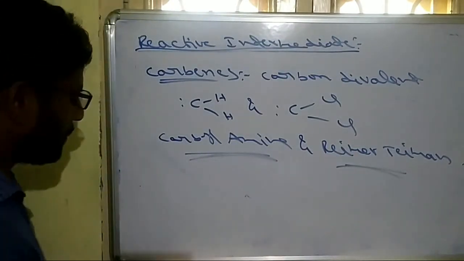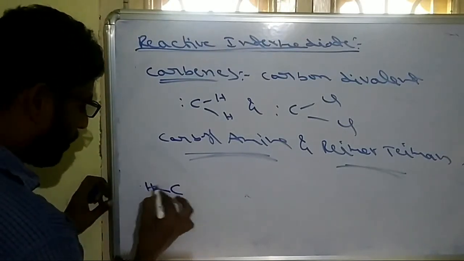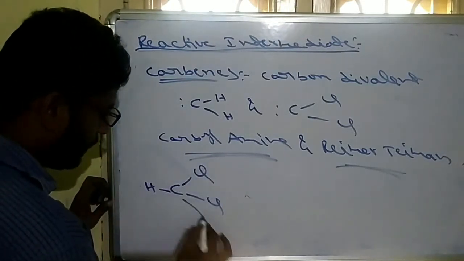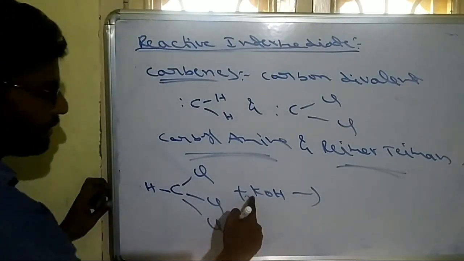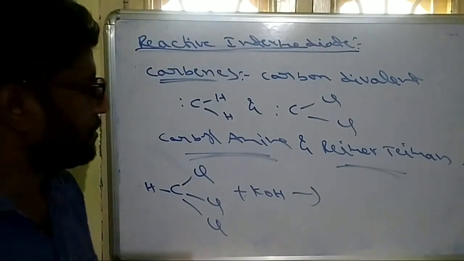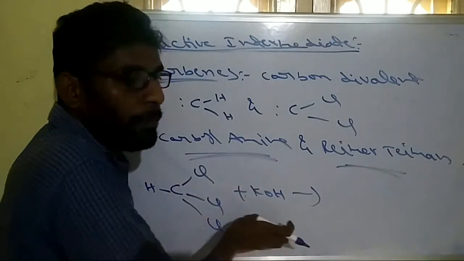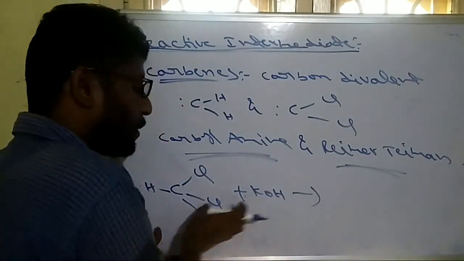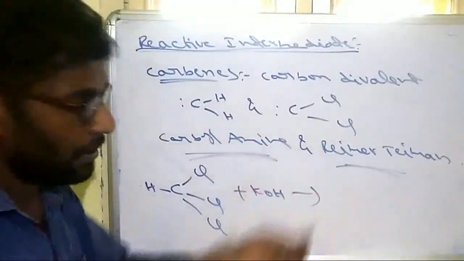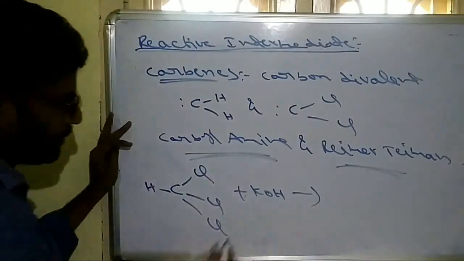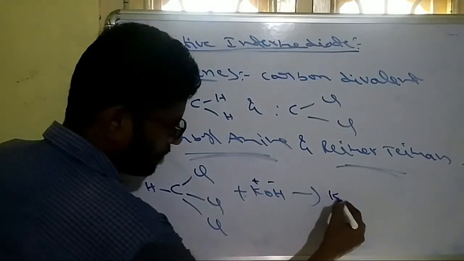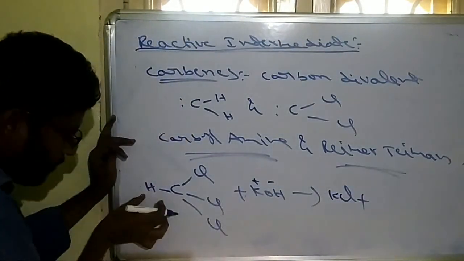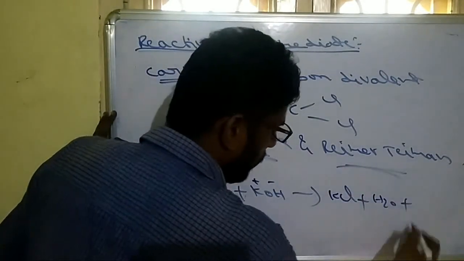So how is a carbene formed? It is mostly formed from chloroform and a base. Wherever chloroform and base are there, there is a possibility of a carbene. The carbylamine reaction also uses chloroform and base, and the Reimer-Tiemann reaction also uses chloroform and base. That's why they involve carbenes. With the base K plus OH minus, K plus removes Cl, KCl forms, and OH removes hydrogen, H2O forms.